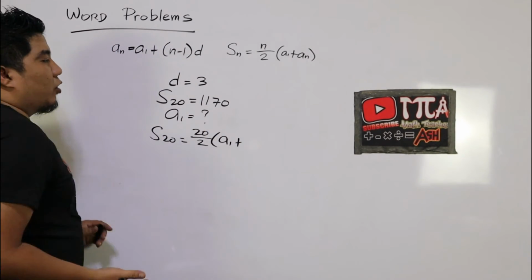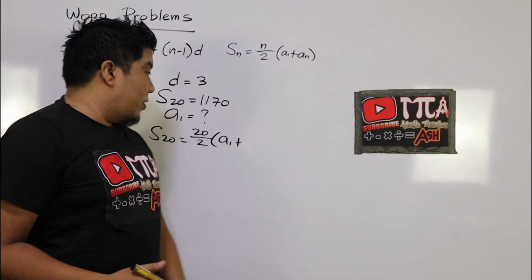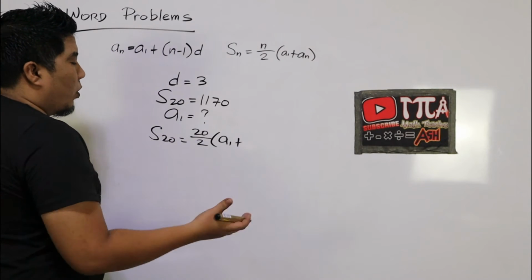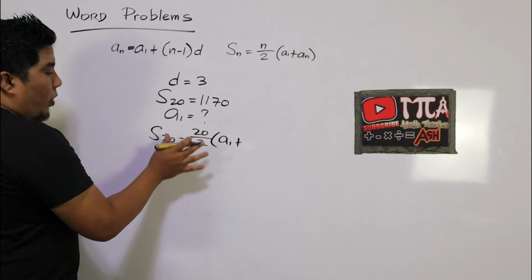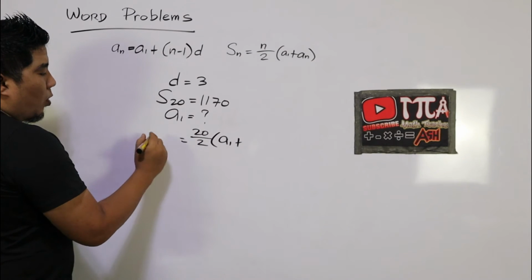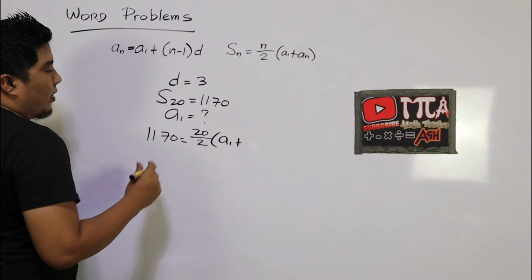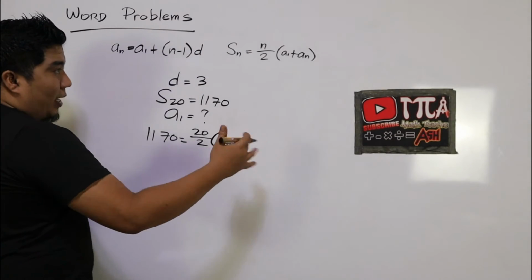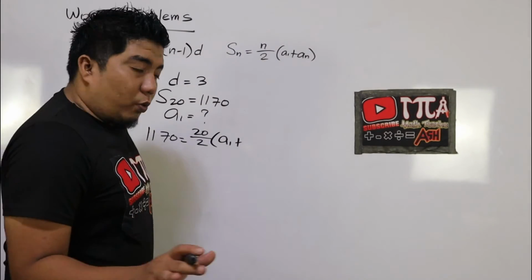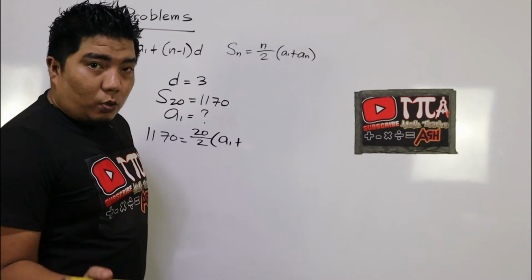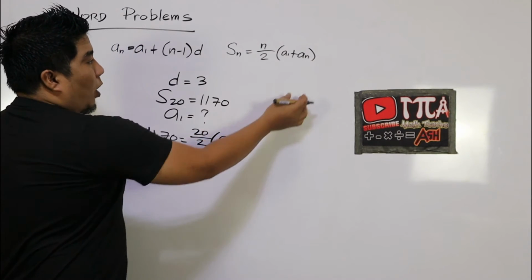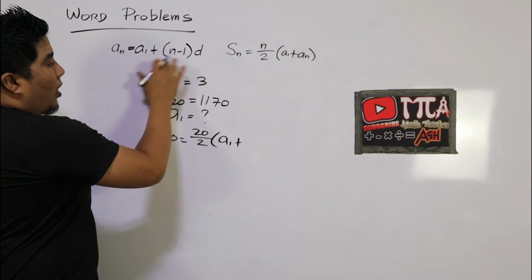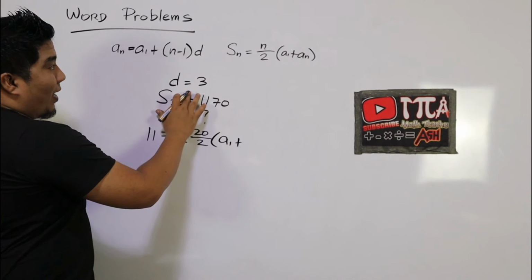However, the 20th term is not given, right? So our S sub 20 will be changed here as 1170, because that is the given. Our a sub n, or a sub 20, we still don't know yet, and our a sub 1, we still don't know yet. So we can change our a sub n using our given formula, because there is a given d here, right?